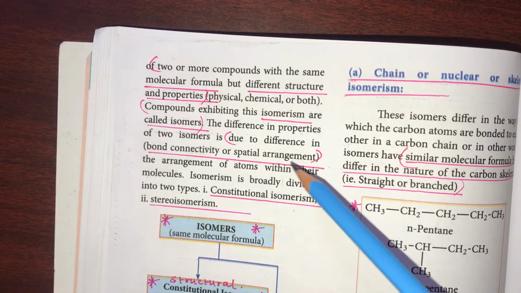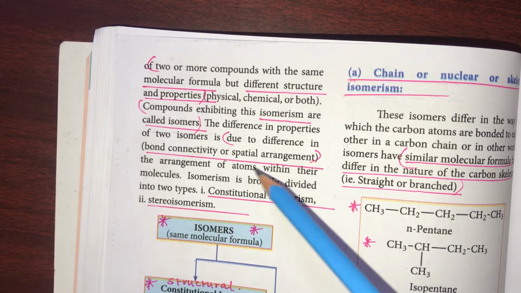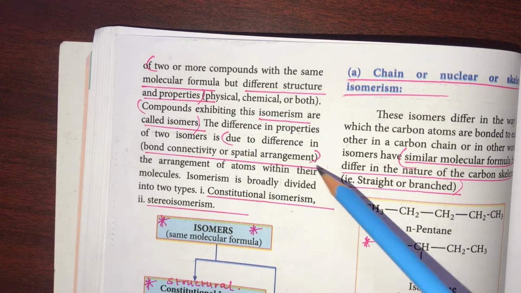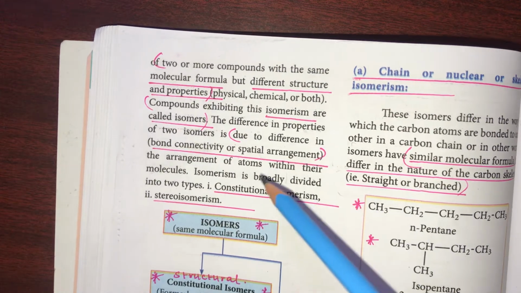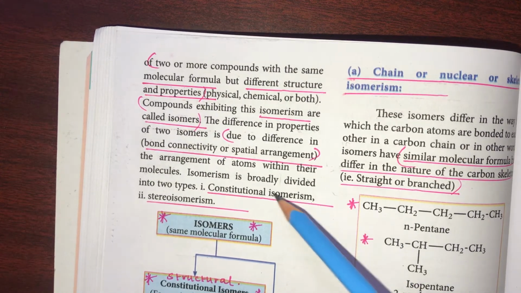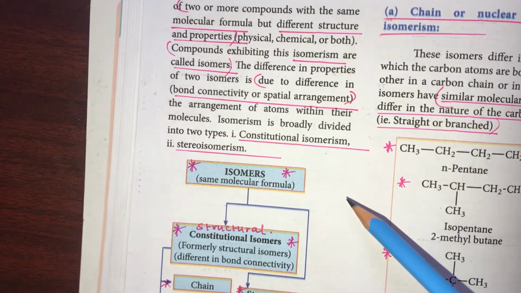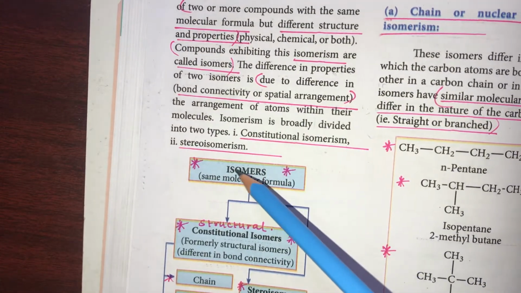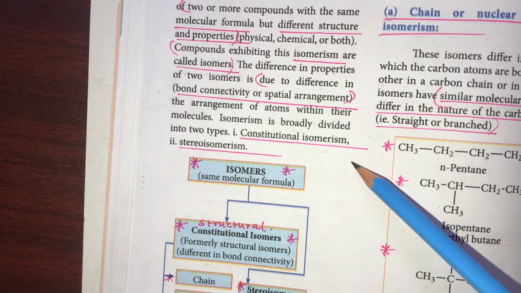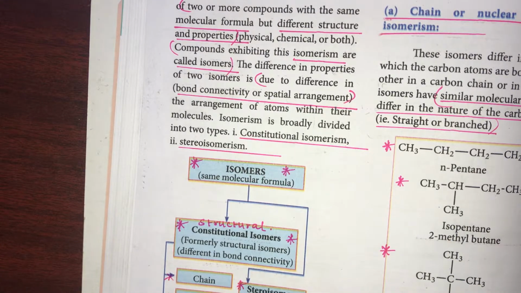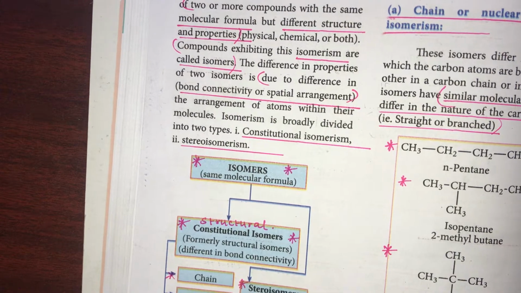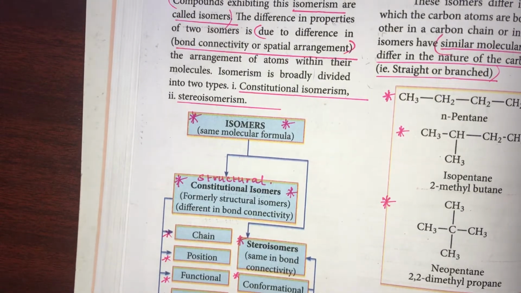The difference in the properties is due to the difference in the bond connectivity and spatial arrangement of atoms within their molecules. Isomerism is broadly classified into constitutional isomerism and stereoisomerism, that is, structural isomerism and stereoisomerism. Isomers have the same molecular formula but different structure.